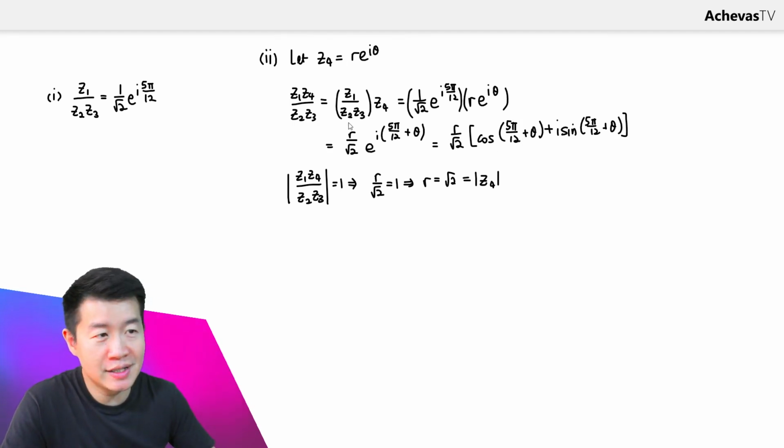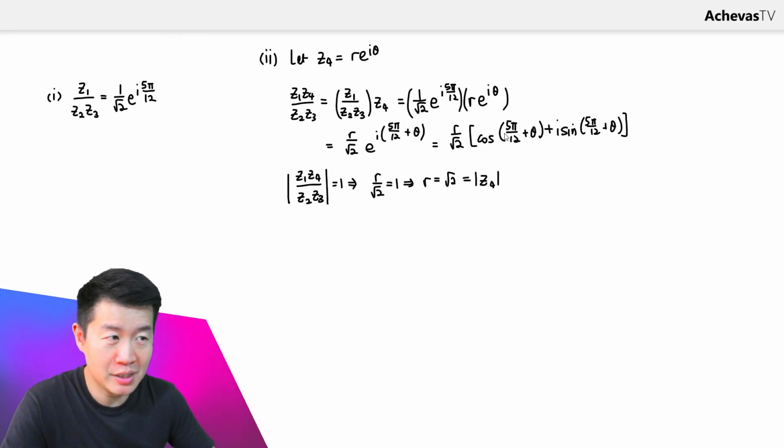According to what the question says, this is going to be a purely imaginary number, which means that if it is purely imaginary, this real portion has to be equal to 0, because it will only have the part that has i. So we are going to let the real portion of z1 z4 divided by z2 z3 be equal to 0.